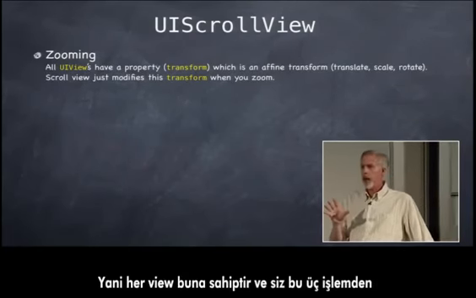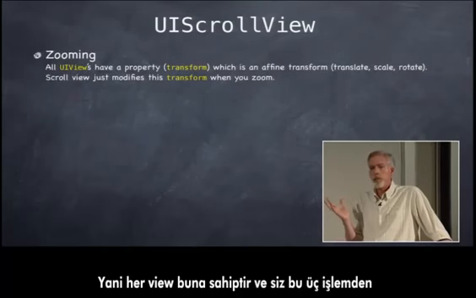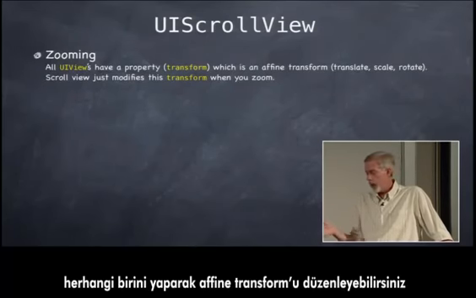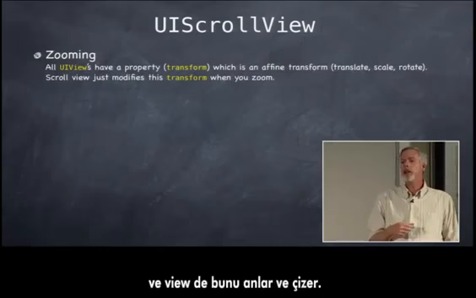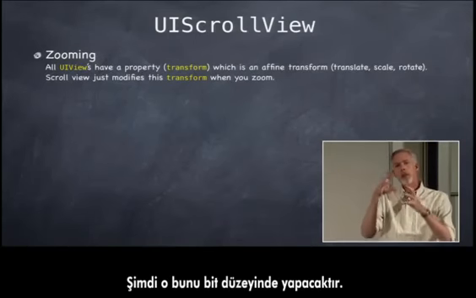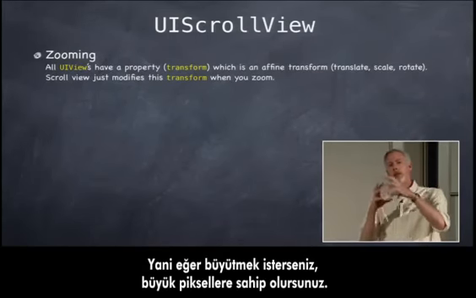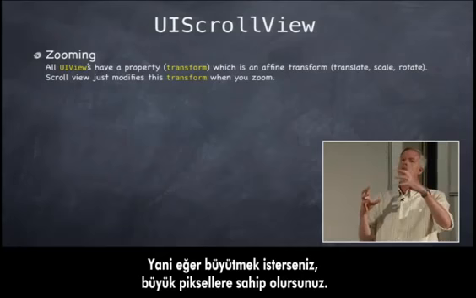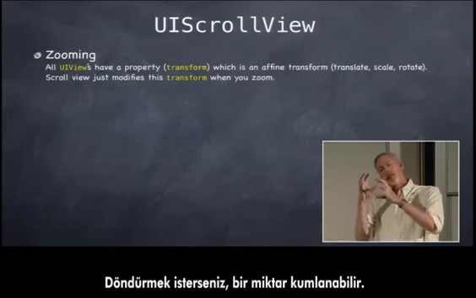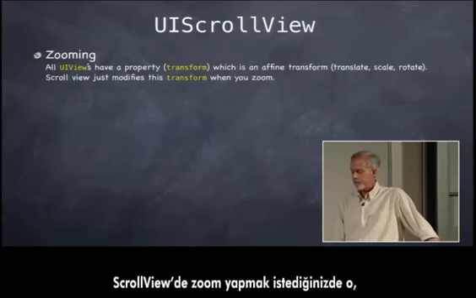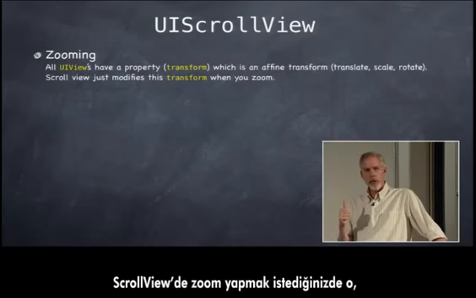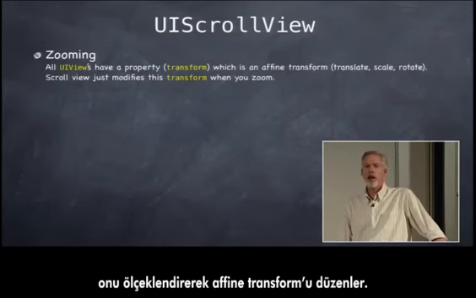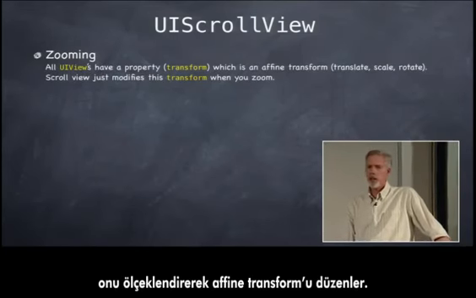So every view has that, and you can modify the affine transform by doing any of those three operations, and the view will just figure it out and draw it. Now it's going to do it at the bit level. So if you scale, you're going to have big pixels, right? If you rotate, it might be a little grainy, depends. But the way zooming in a scroll view works is it modifies your affine transform by scaling it.